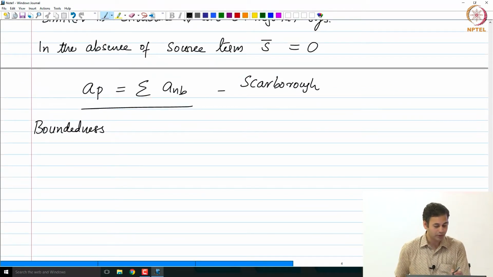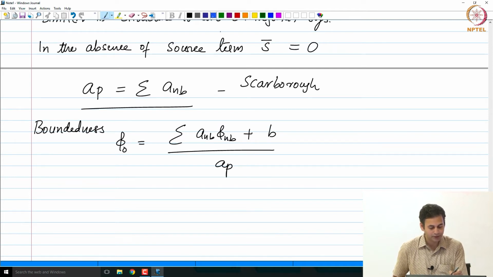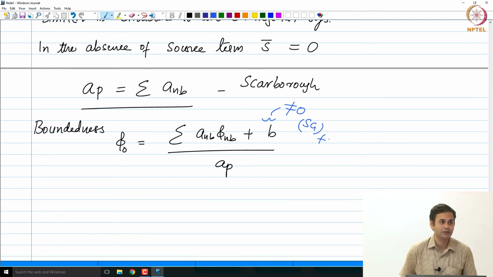So, here our equation is phi 0 equals sigma a n b phi n b plus b upon a p, right. This is still not equal to 0 because of secondary gradients, right. As a result, is it bounded? No, it is not. Boundedness is not guaranteed, right.